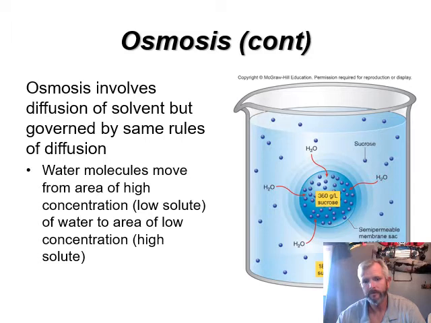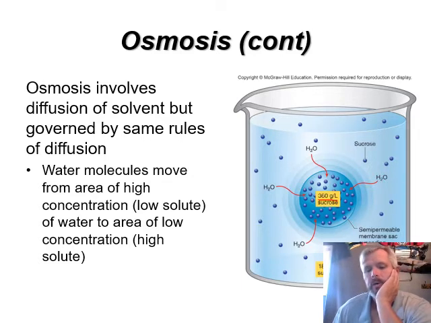All right? Let's look at this. Sucrose. We have a membrane here. We have a solution with 360 grams per liter inside the membrane and 100 grams per liter of sucrose outside the cell. And I will tell you this sucrose is non-penetrating.